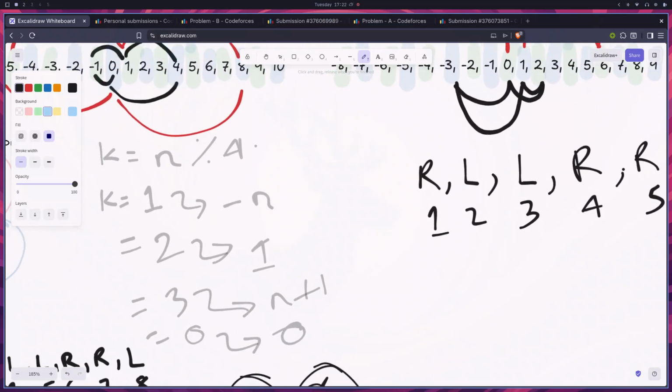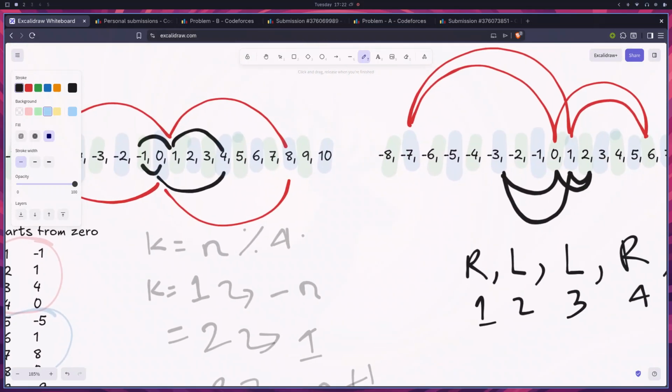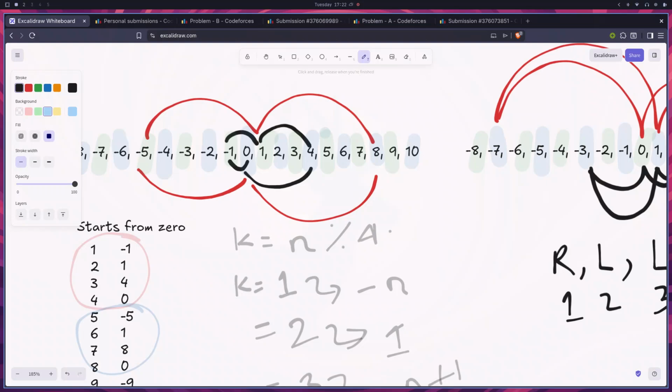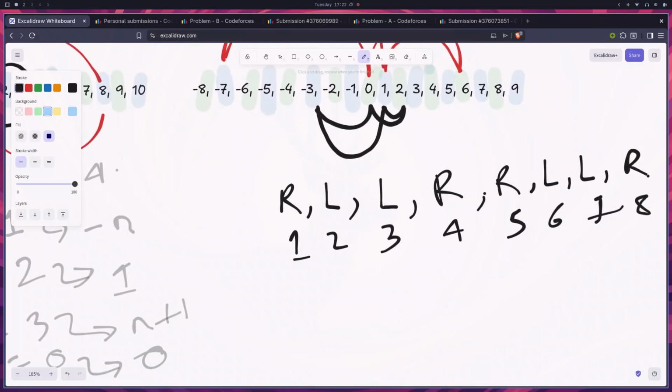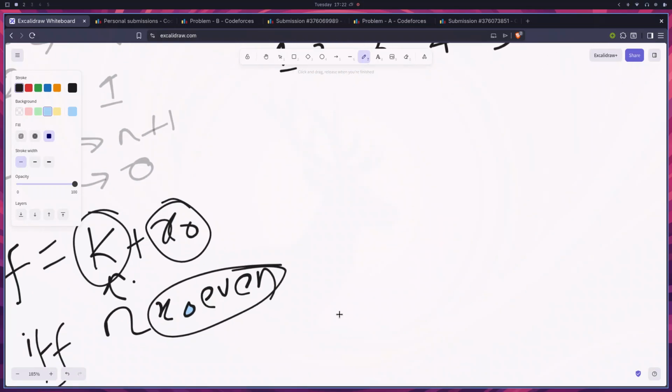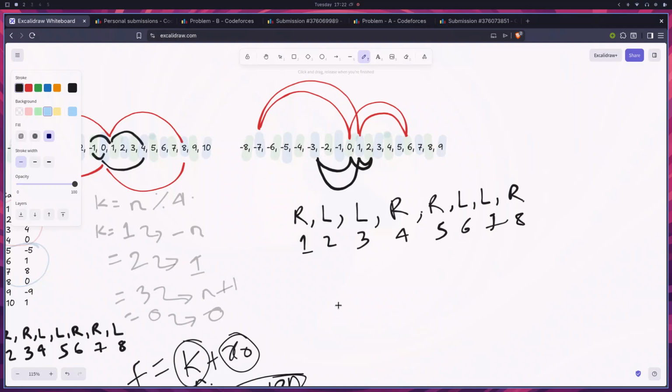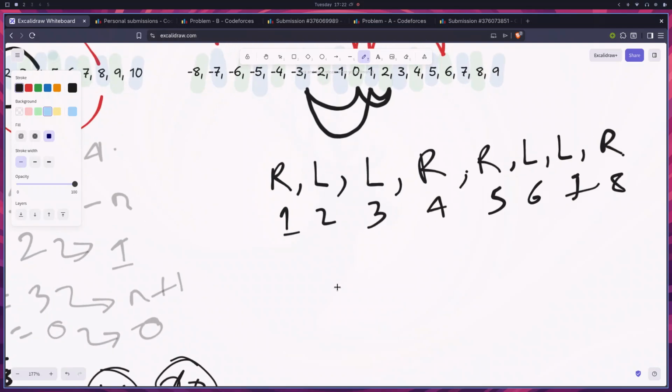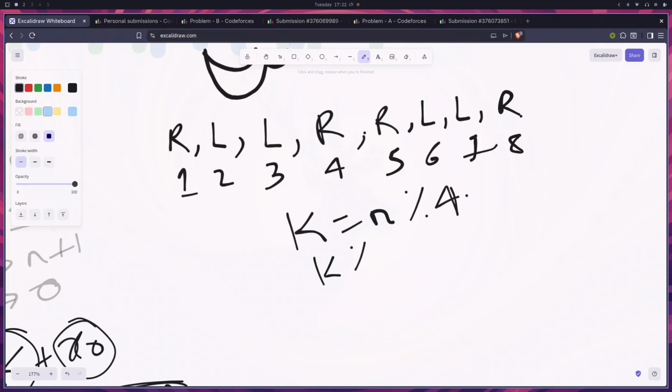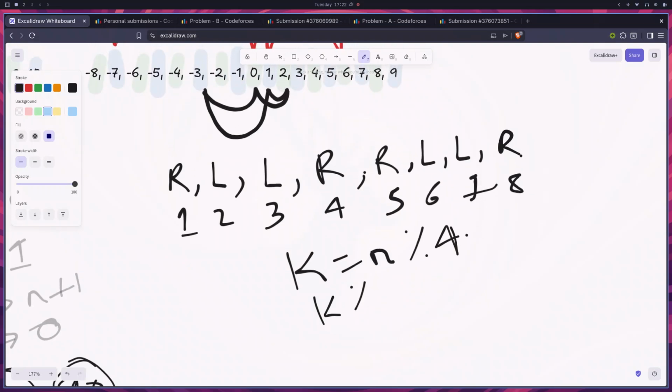Similarly for the odd position, as this is the mirror image, it will be negative, if you get what I say. Here the distance is also k, where k is the number of jumps mod 4, and the pattern is also fairly simple.